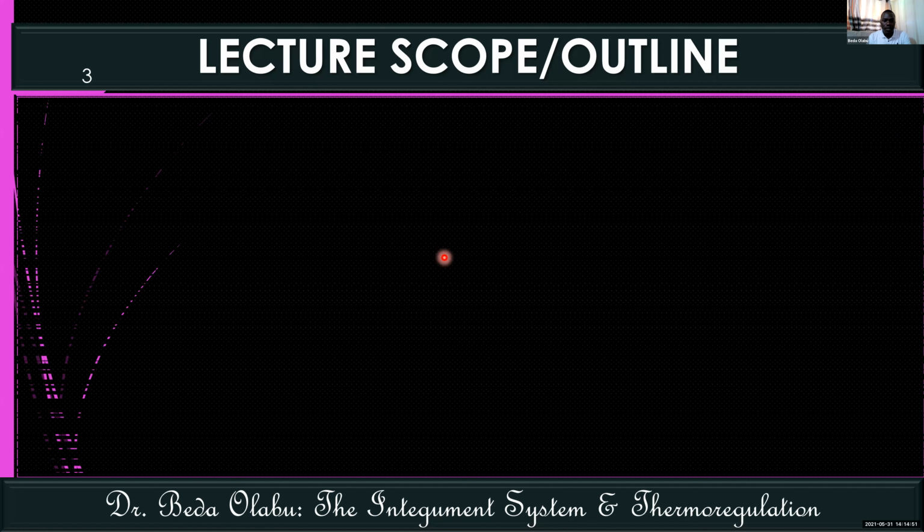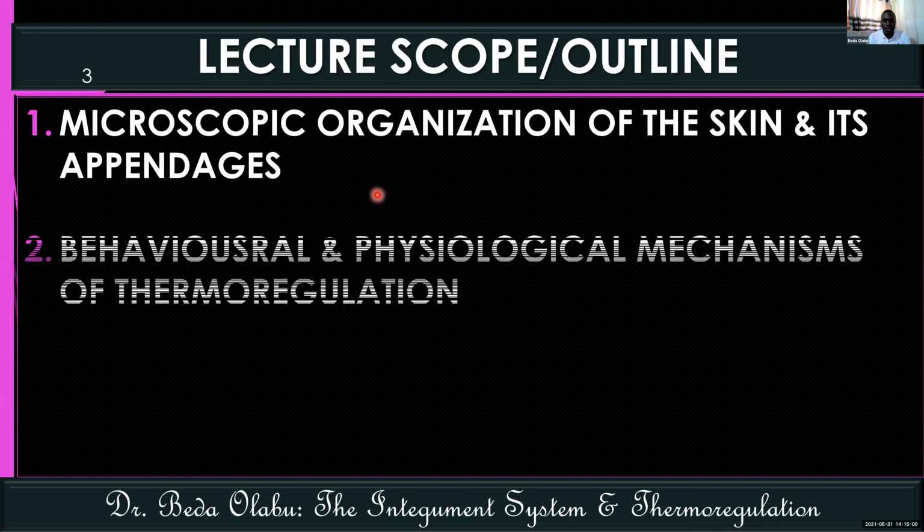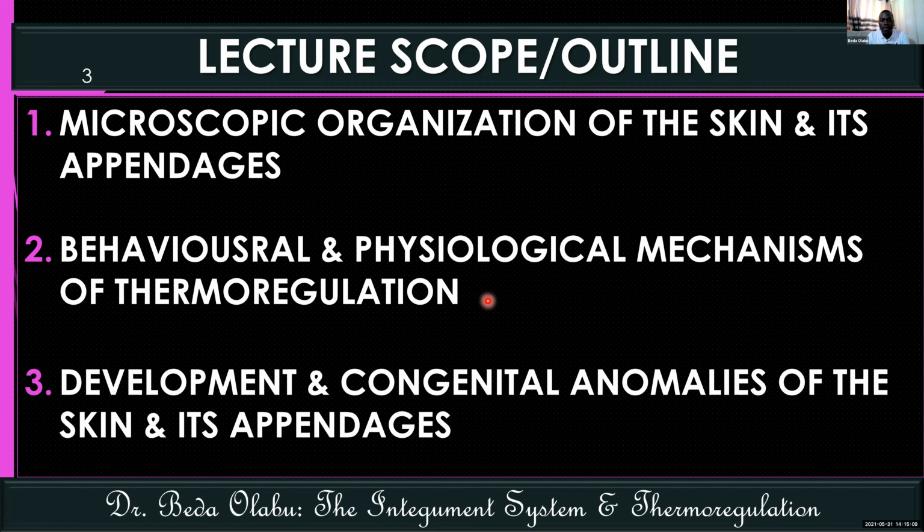The first part, we'll talk about microscopic organization of the skin and its appendages. On the second part, we talk about behavioral mechanisms and physiological mechanisms of thermoregulation. And in the third part, we talk about development and congenital anomalies of the skin and its appendages.